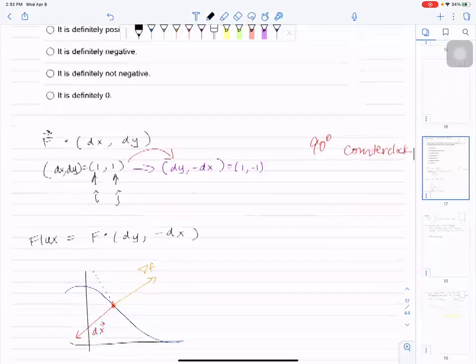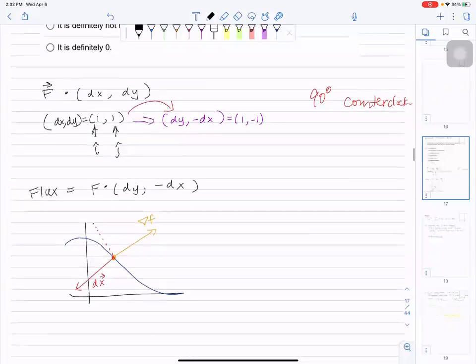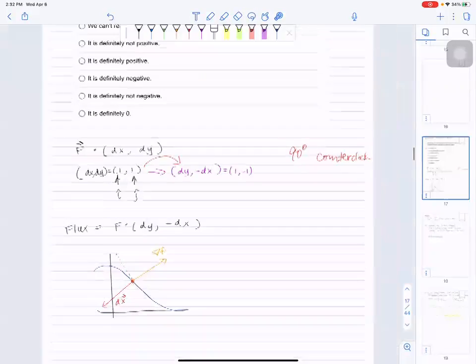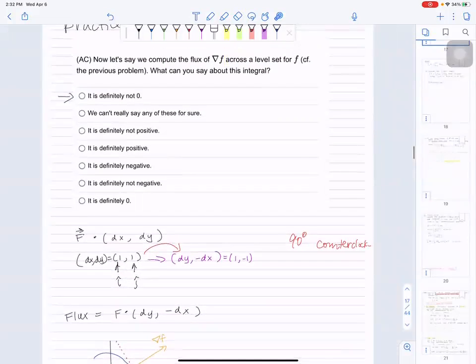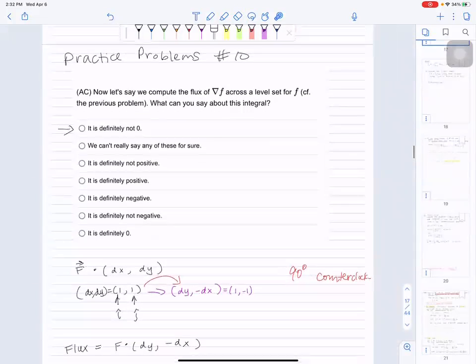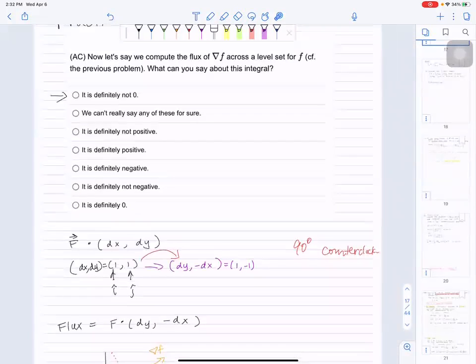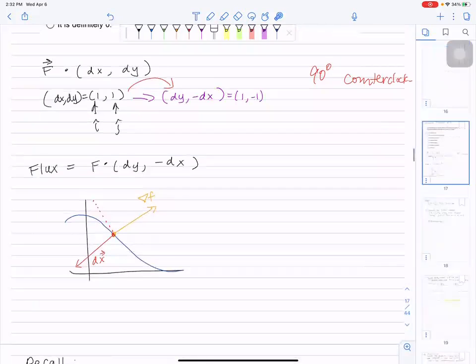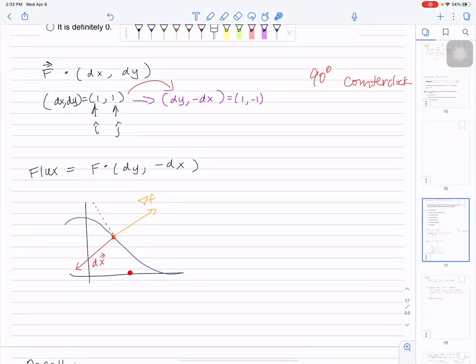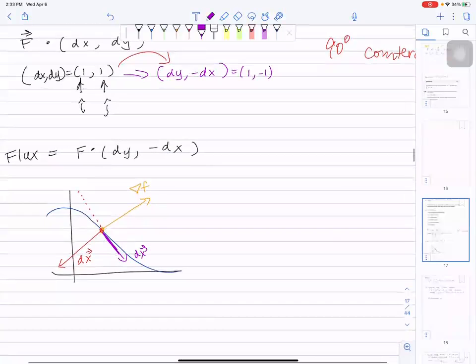So is it 90 degrees counterclockwise with flux? Yeah, it should be counterclockwise, according to number 6, I believe. So right now in purple, I had the tangent this way, and clockwise is still this way.